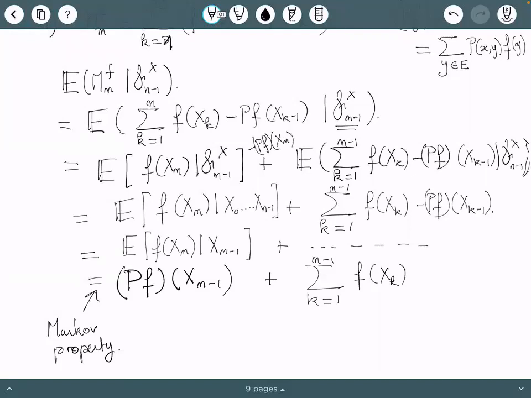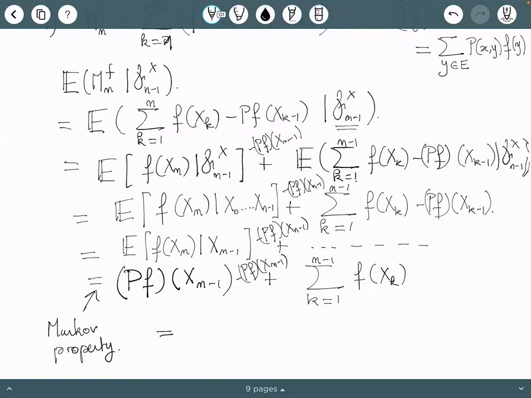I decompose this sum from k equal 1 to n into the sum from k equal 1 to n minus 1 plus the term n. But for the term n, there is f of xn minus Pf of xn minus 1. So here, sorry, there is this guy that I forgot, which is also here: minus Pf of xn minus 1, minus Pf of xn minus 1.